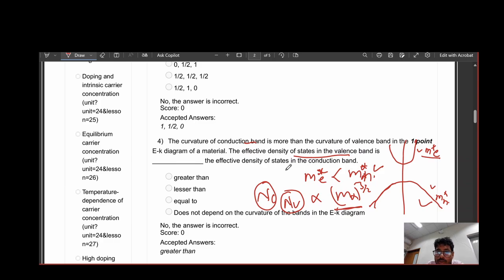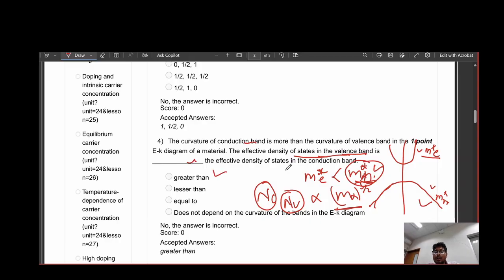So for holes the curvature is less, so the effective density of states in the valence band is always greater, because the effective mass of holes is more. So this is the correct answer.